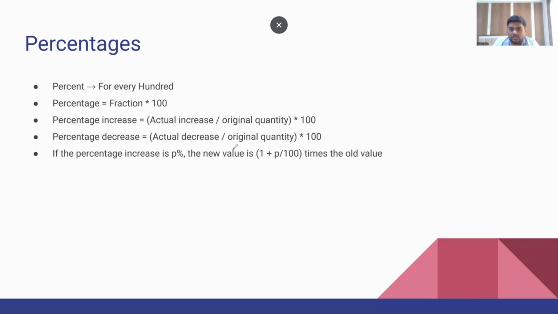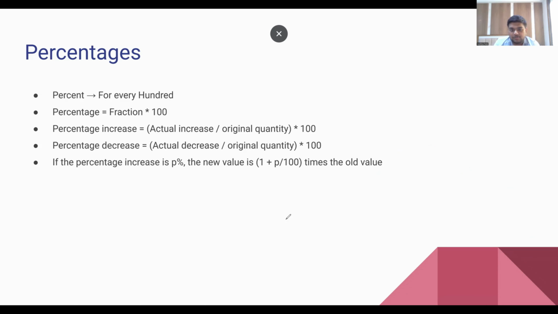So now let me tell you one thing. For example, I give you 100 chocolates today. Okay. And on the next day, I give you 20 more chocolates. Okay. And on the next day, I say your amount of chocolate increases by 25%. So what will be the amount on day 3?